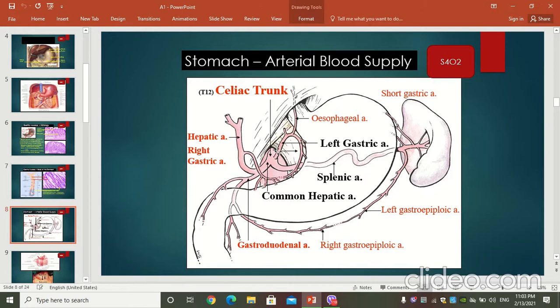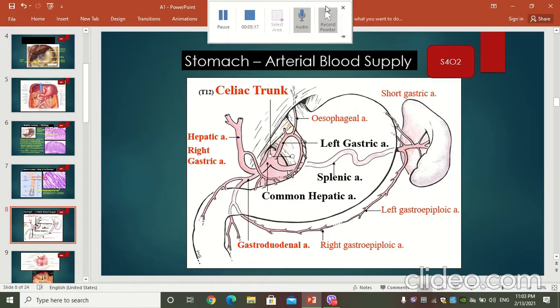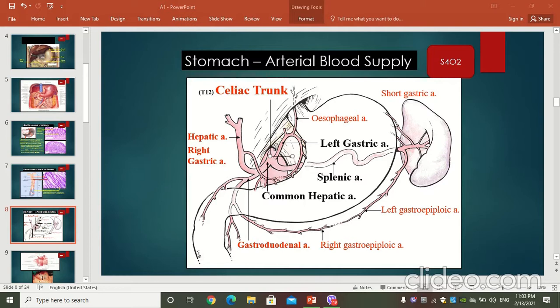The blood supply is taken from the celiac trunk, which is short, and it divides into three branches: left gastric, splenic artery, and common hepatic, which continues as hepatic artery and gives a branch, the gastroduodenal artery, behind the first part of the duodenum.